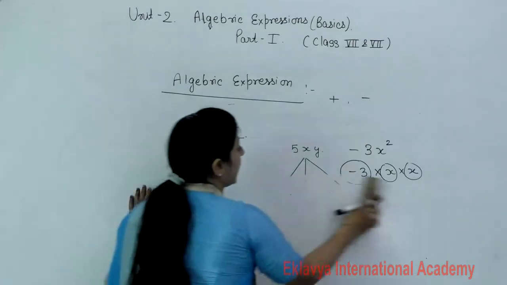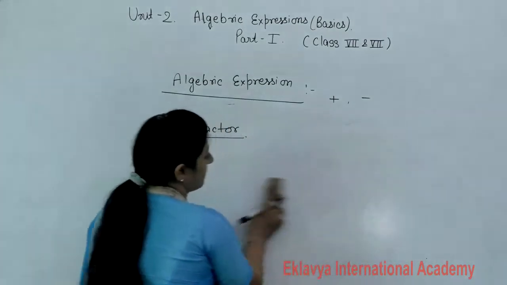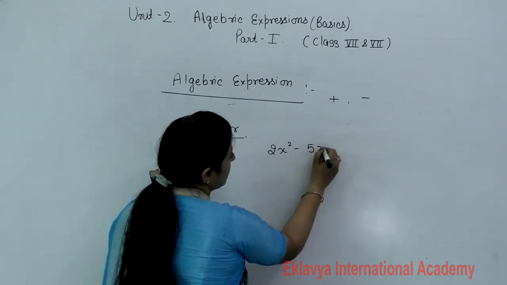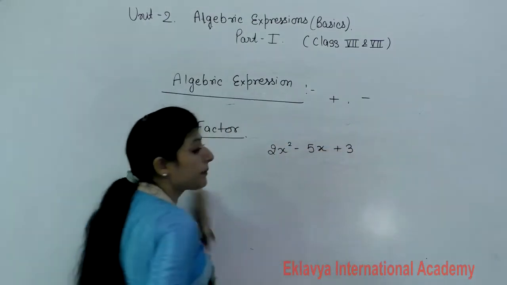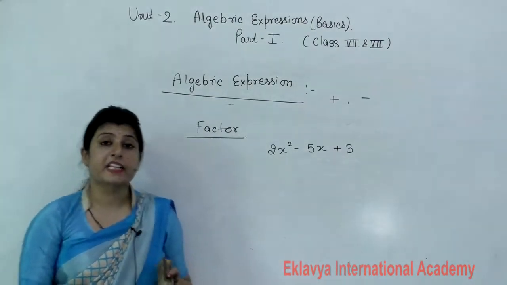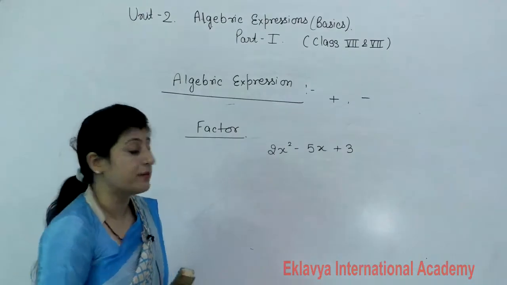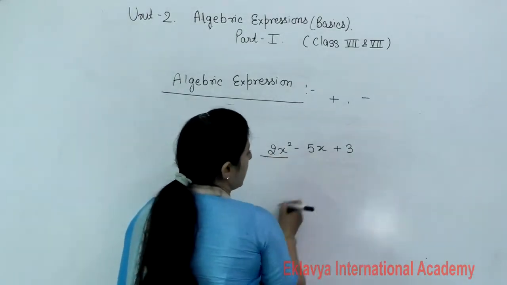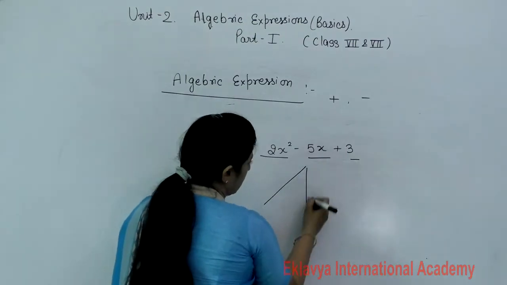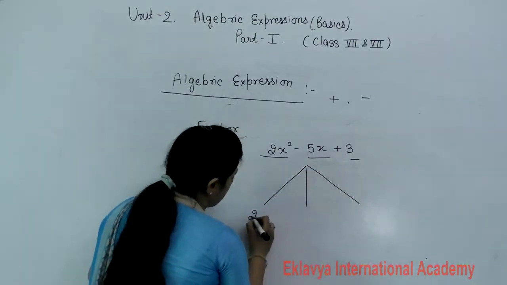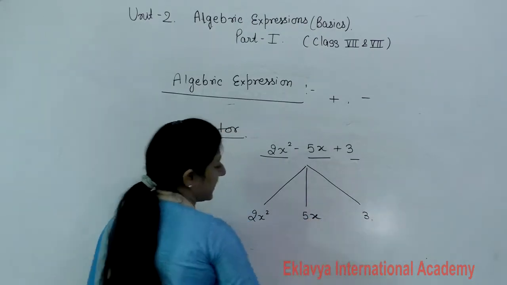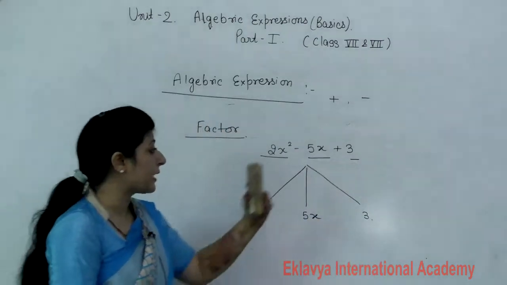If I take any algebraic expression, suppose 2x square minus 5x plus 3, my first question is, in this algebraic expression, how many terms? 1, 2, 3. The first term is 2x square, second is 5x, third is 3.